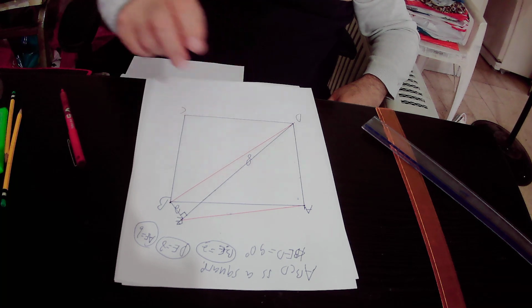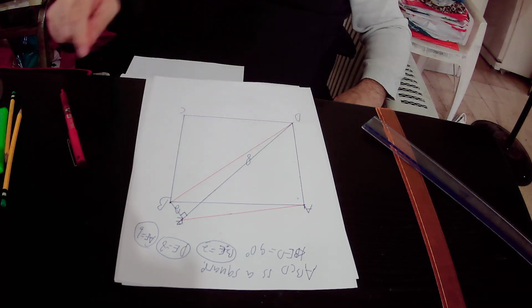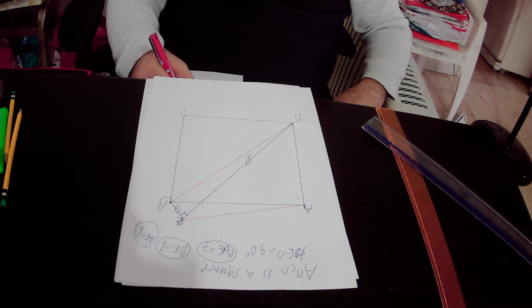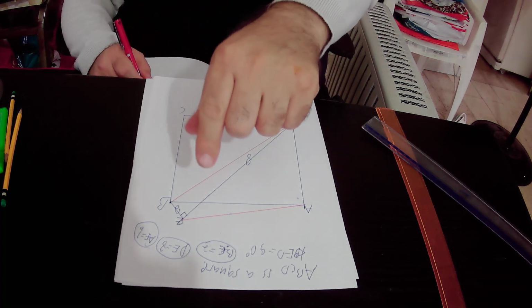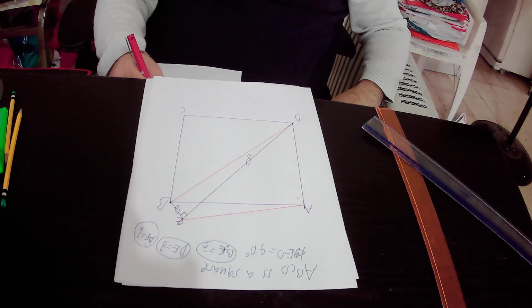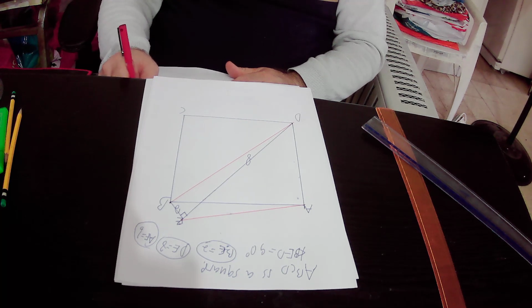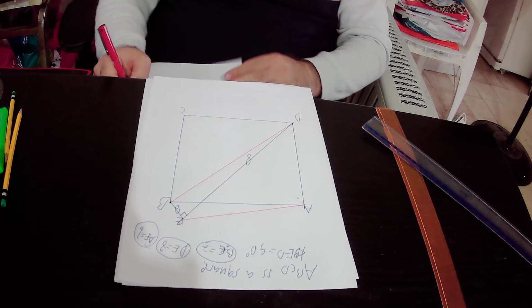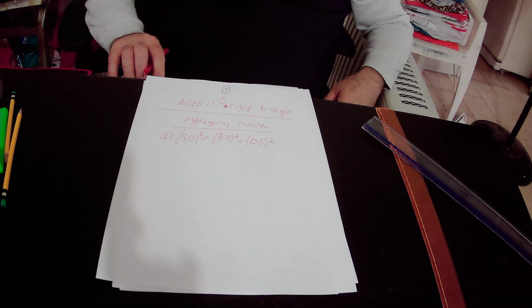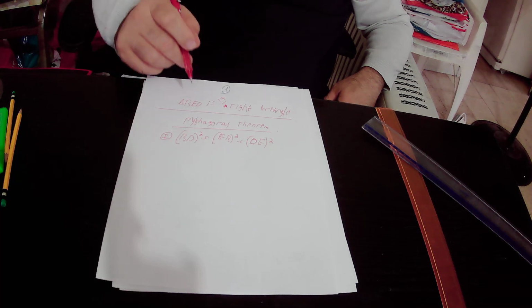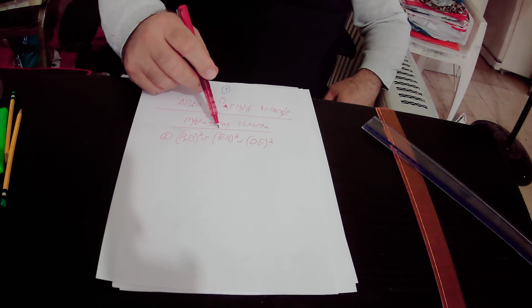In this right triangle BED, the hypotenuse is BD, so BD square equals EB square plus DE square.